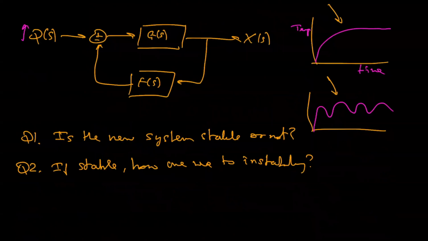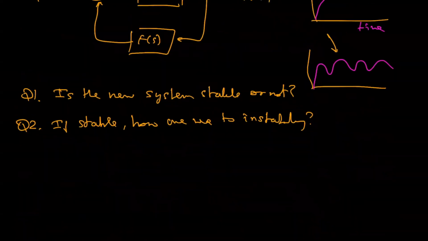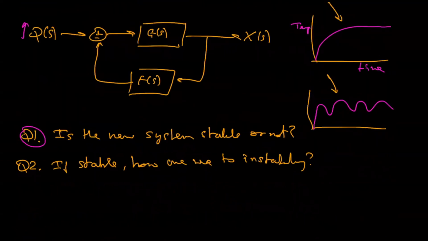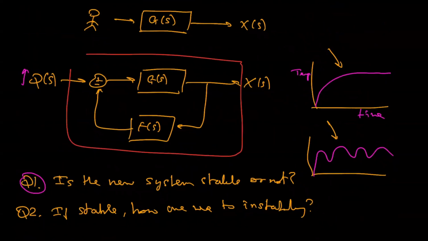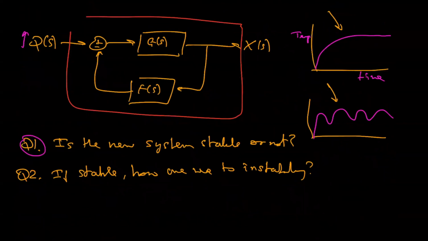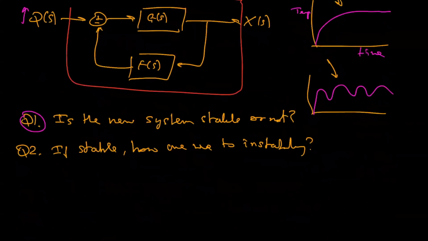The first question is actually quite easy to answer. We know how to figure out whether this thing is stable or not. The way we do that is we have to work out the transfer function for this system. You probably remember from maybe the first or second week, it's fairly easy to turn this into a relationship between the input and the output, and that was as follows.